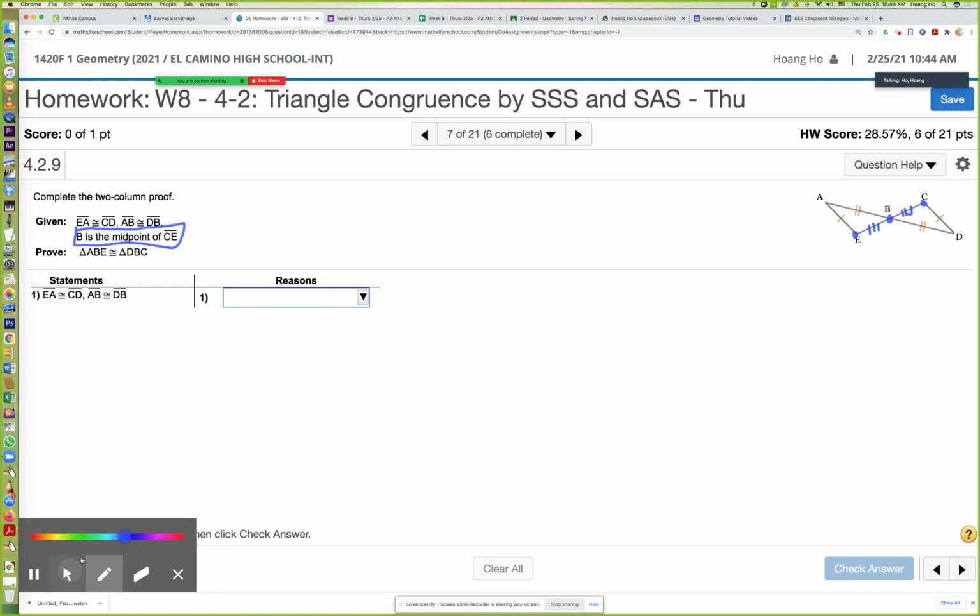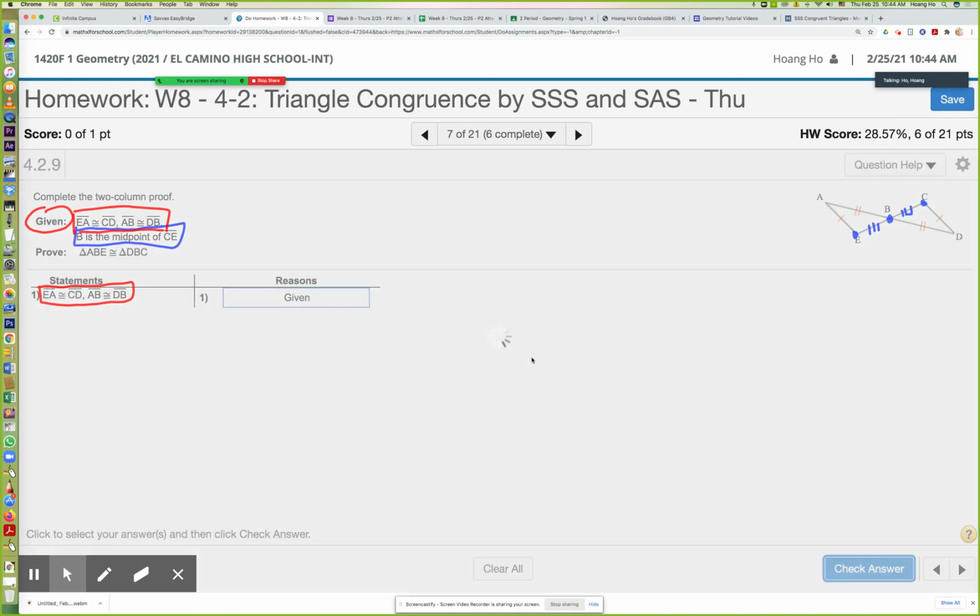First of all, right here they give it to you. EA congruent to CD, and then AB congruent to DB. Is that given right there? I should choose given. Reason right here: given, check.